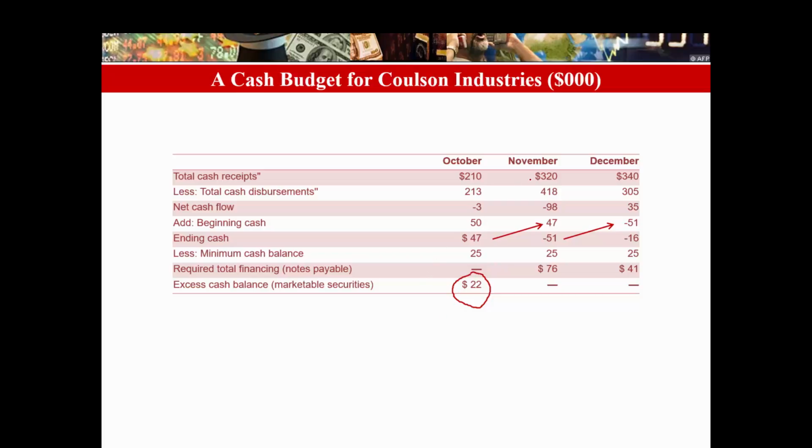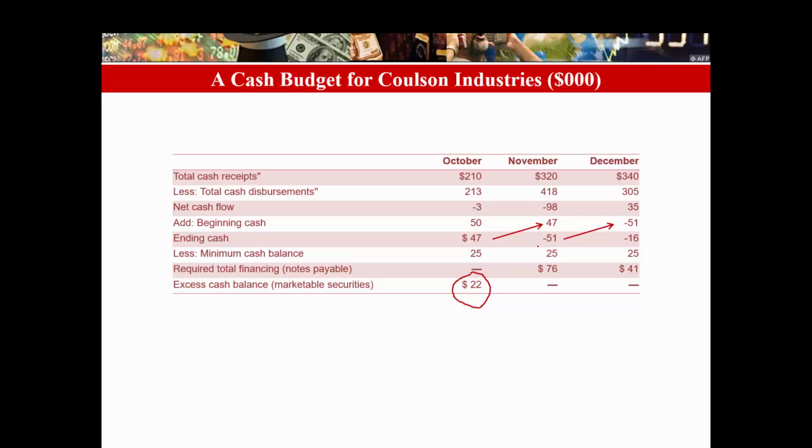Now, when we start November, we expect $320,000 total receipts and $418,000 of total disbursements. Net cash flows for this month is going to be minus $98,000. If you remember, we said the ending cash balance for October will become our beginning cash balance in November.